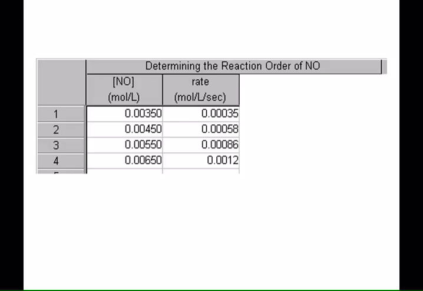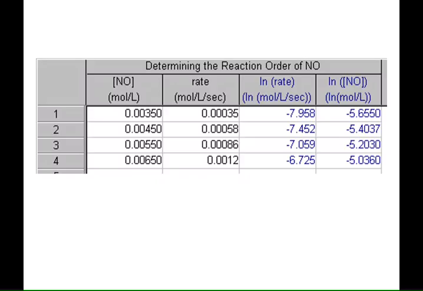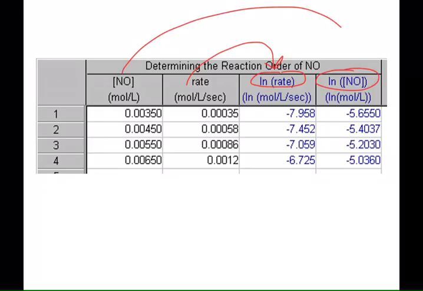You're going to use Logger Pro to come up with 2 calculated columns, and they're going to look like this. This calculated column was the natural log of the rate. This calculated column was the natural log of the molar concentration. This is going to go on your y-axis, and this is going to go on your x-axis.